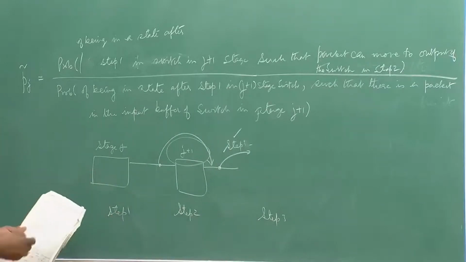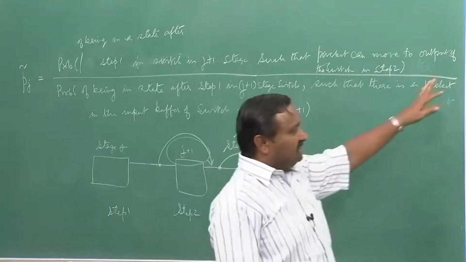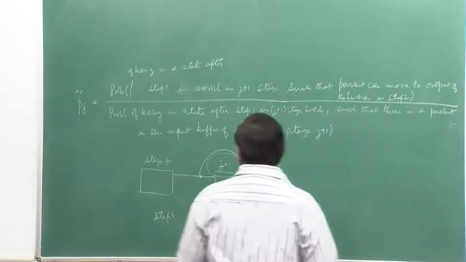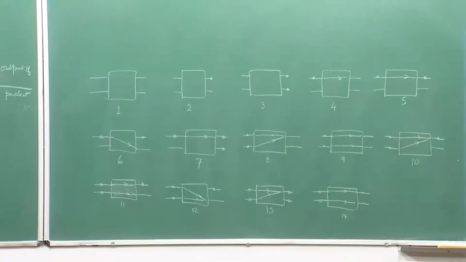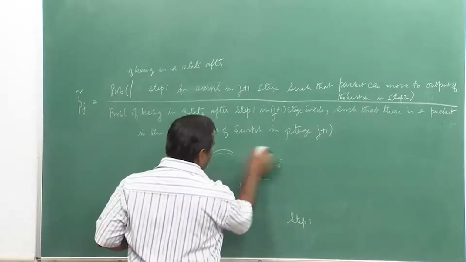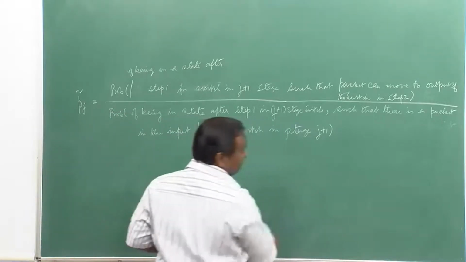So, let us look into it. We actually have to maintain these states, and based on that we will decide. We will write down the expression for this. So, this expression I have to write down all the numerator and denominator terms.